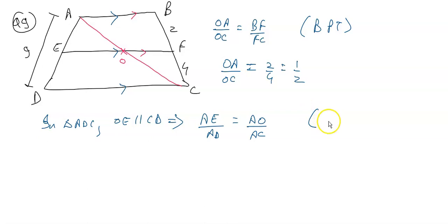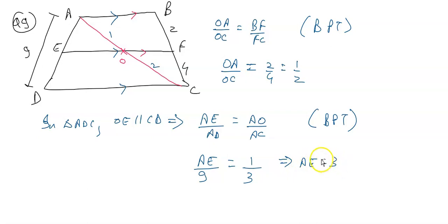That is again coming from BPT, basic proportionality theorem, and this is a 1:2 ratio. So AE upon 9 is equal to AO, which is 1, upon AC, that is 3. So we get AE is equal to 3. That is the answer. So the correct option should be option B.